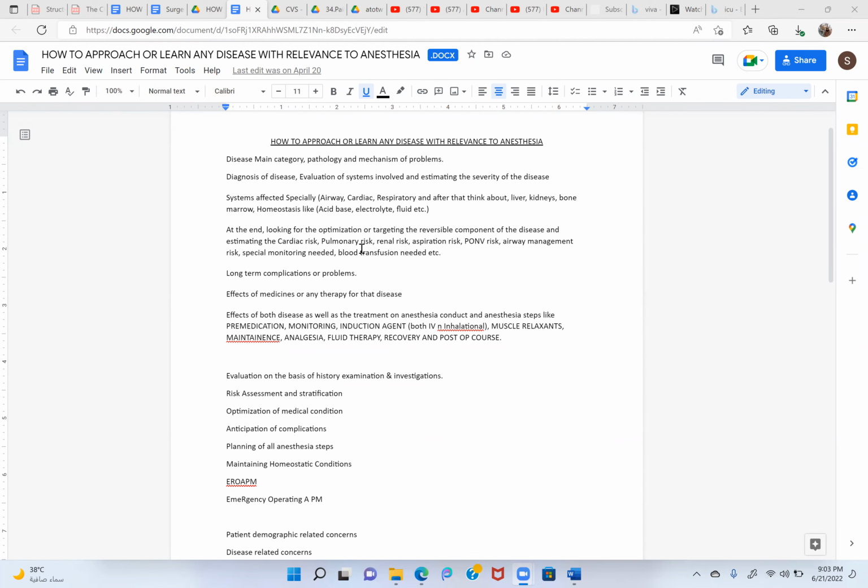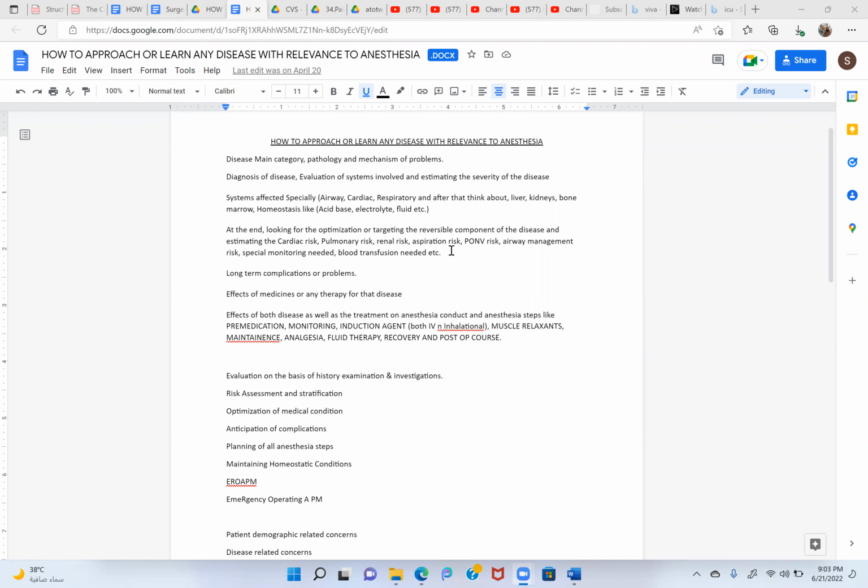Because of diabetes, this patient is at risk of more infections. This patient is at risk of AKI if there is chronic renal failure on top of baseline renal impairment, and it can be precipitated by surgical stress or decreased renal perfusion for any reason. And if you use too much NSAIDs, it can cause it too. So this is a renal risk.